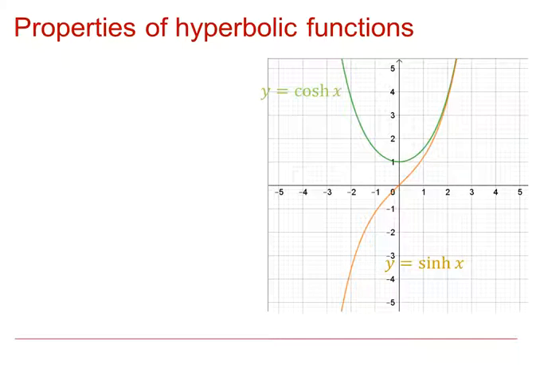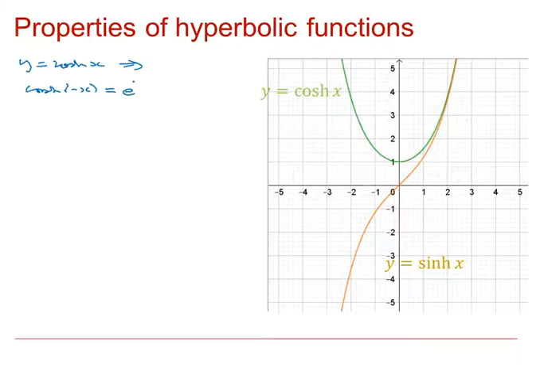So they are the graphs of y equals cosh x and y equals shine x, and we're going to look at a couple of important properties. So if we start off with y equals cosh x, and if we look at what happens if we replace x with minus x. So let's substitute x for minus x. So let's look at cosh of minus x using our standard definition.